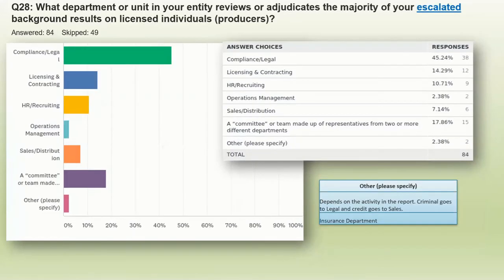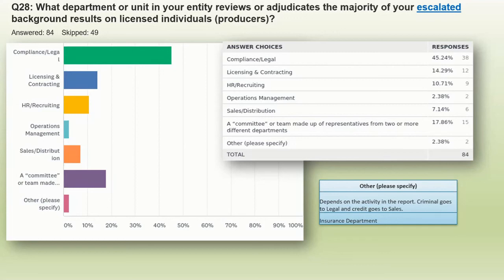Now, the same question, but this is for your escalated background results. We didn't define escalated, but it was generally interpreted as something that immediately posed a notable risk to the organization. Could be offenses under 1033 or theoretical, maybe an offense that sounds like it might be one of the federal 1033 offenses that you can't allow them to provide or be a producer under, or some other type of scenario.